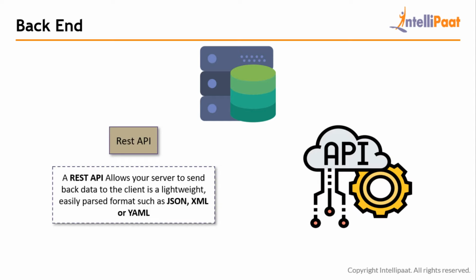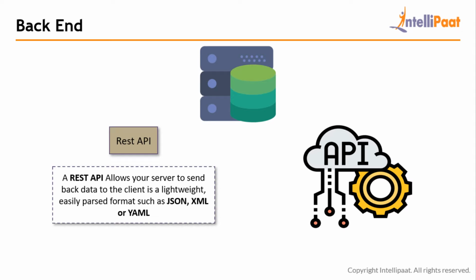You do need to know what a REST API is, how to build a REST API. To give you a quick overview, a REST API is basically a web service that when you send a request to it, it sends back some data in a format that your programming language or your program can understand. There are many formats, but the most popular ones are JSON, XML, and YAML.